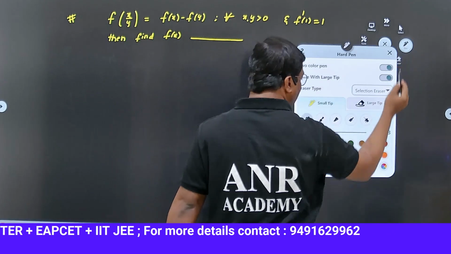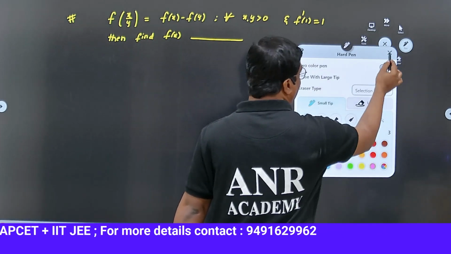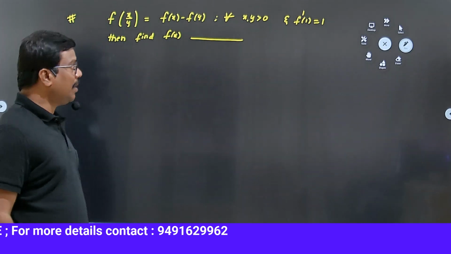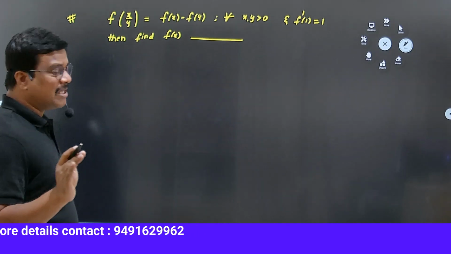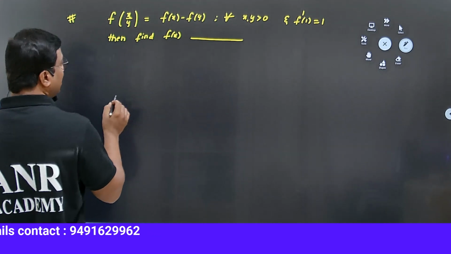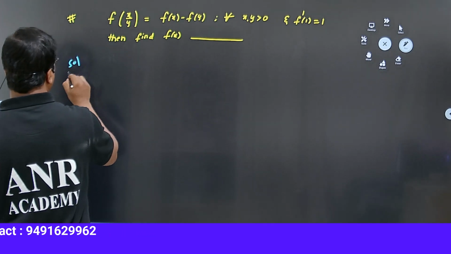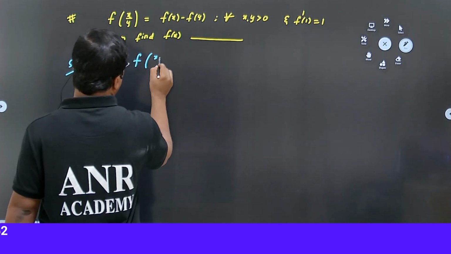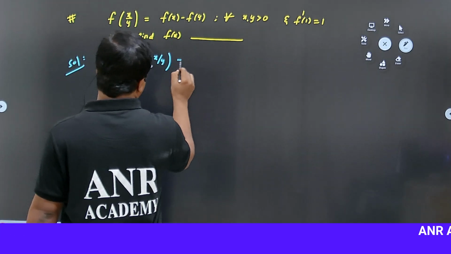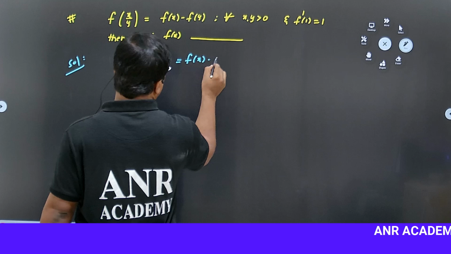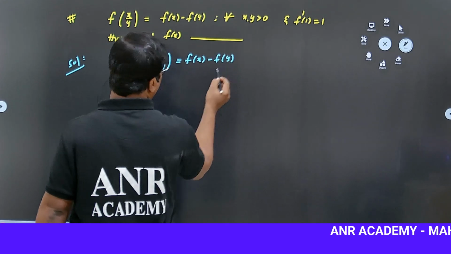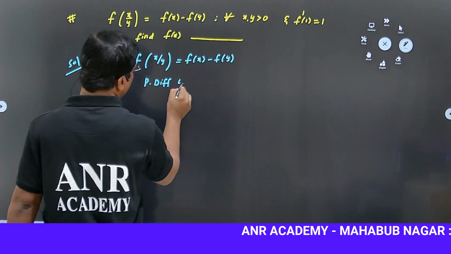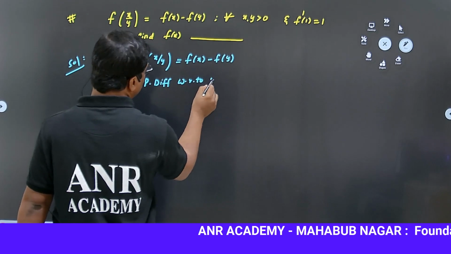By using first principle also you can solve this, but I am not going to use first principle. By partial differentiation I am going to solve this. Clearly, f of x by y is given as f of x minus f of y. Apply partial differentiation with respect to y.